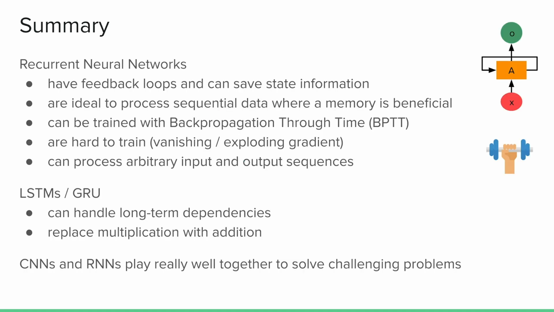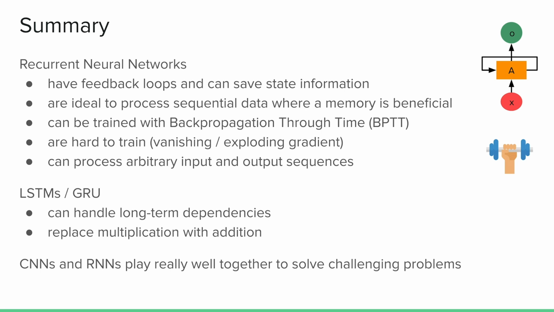So, summing up, recurrent neural networks have feedback loops as opposed to feed-forward networks, and therefore have the capability to store state information and reuse that in the next time step. They're ideal to process sequential data where this memory of previous information is beneficial. They can be trained with backpropagation through time, which is basically just backpropagation on the unfolded computational graph.